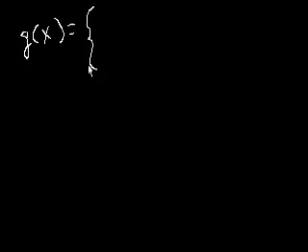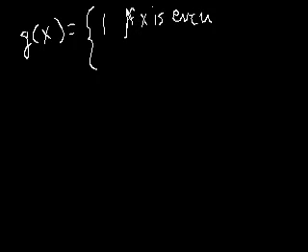Well, let's start off with an example not too different than what we saw before. Let's say that g of x is equal to 1 if x is even, and it equals 0 if x is odd.